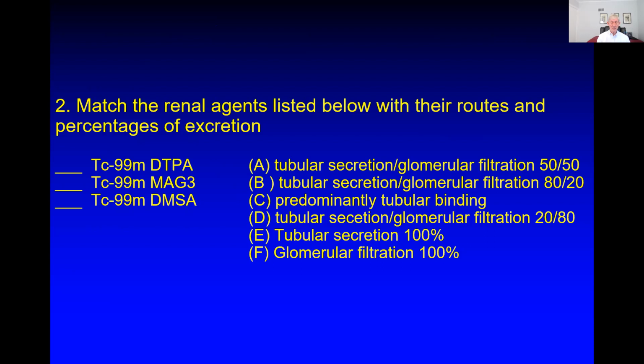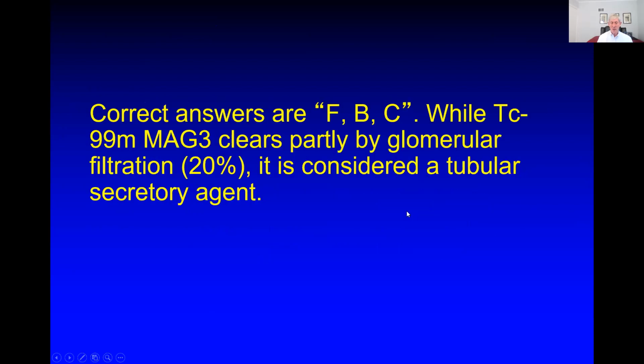DMSA. Choice C. This is a tubular binding agent. It's a small fraction that's secreted, but it's predominantly tubular binding. So there are your answers.